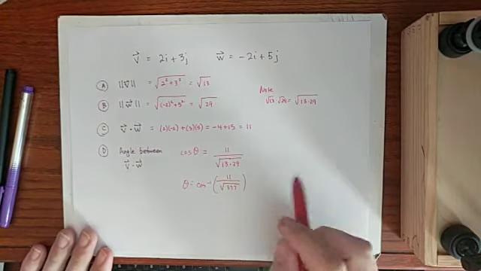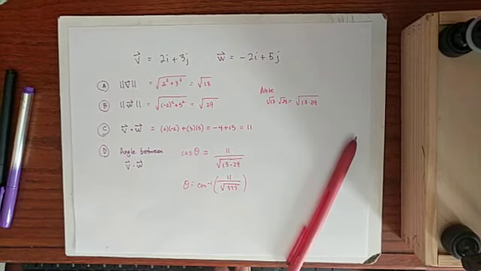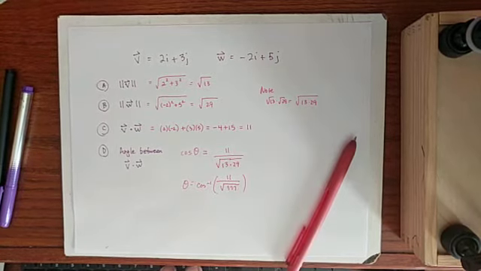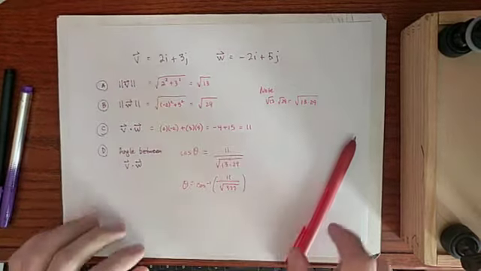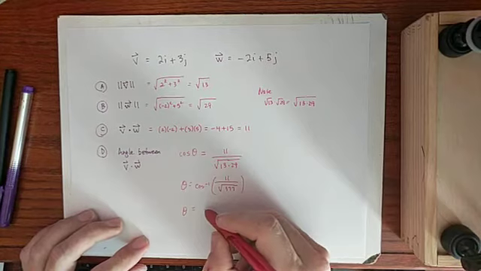Okay, so in my calculator, what I have to do is I have to figure out the inverse cosine. Whoops. Okay, so make sure your calculator's in degree mode so that the answer makes sense.